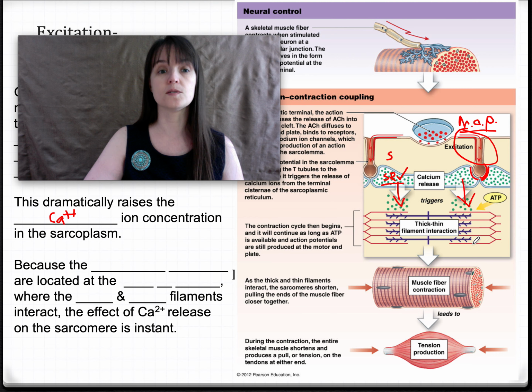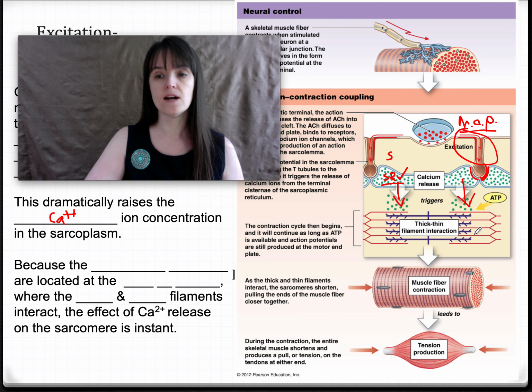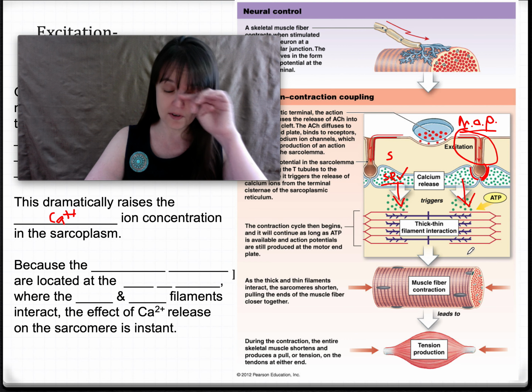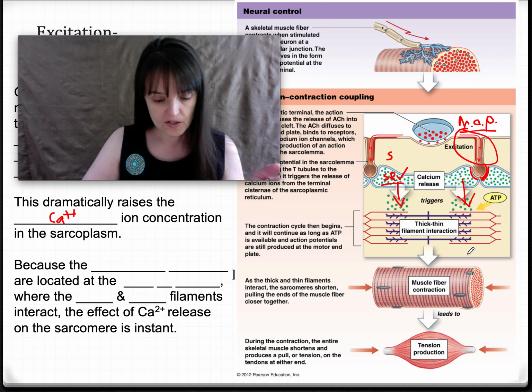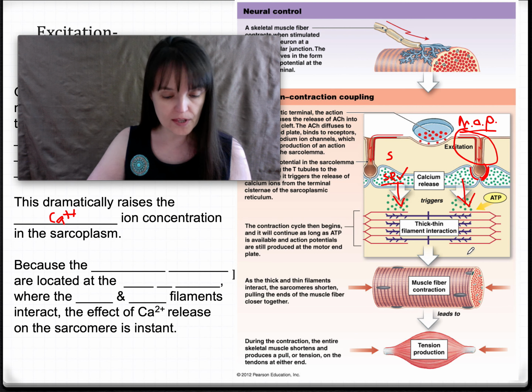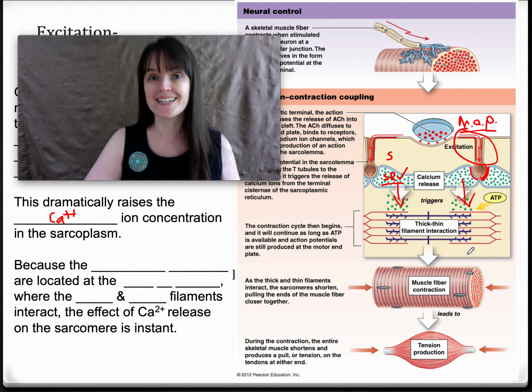Recall there's a triad surrounding every zone of overlap. So the terminal cisternae are around each zone of overlap. Because the terminal cisternae are located at the zone of overlap where the thick and thin filaments interact, the effects of the calcium release on the sarcomere are instantaneous. So it's instant, it happens all at once.